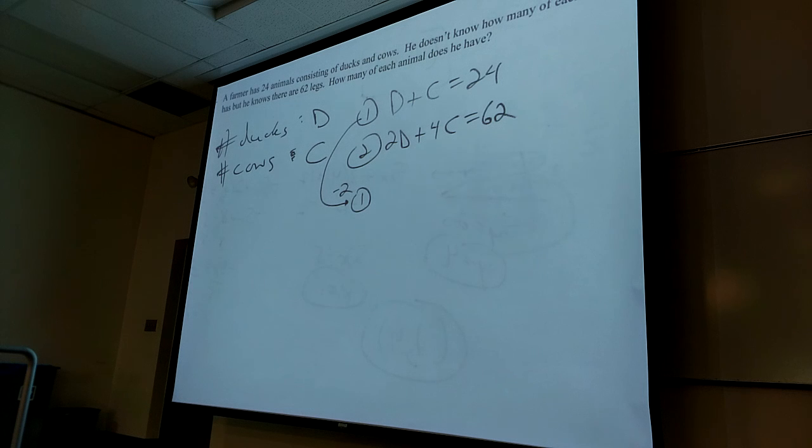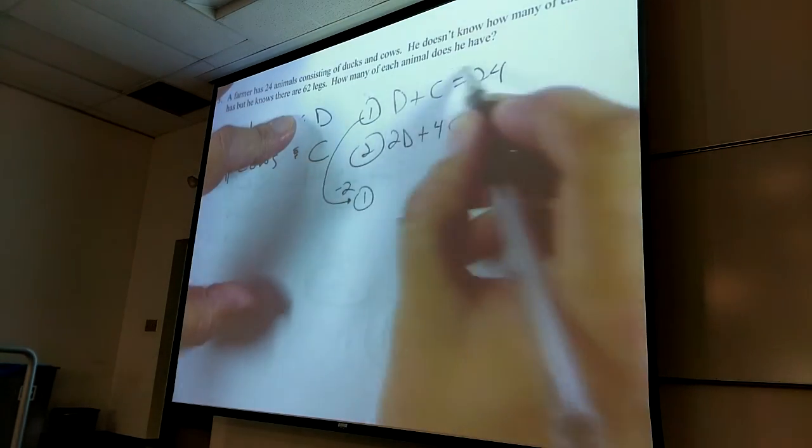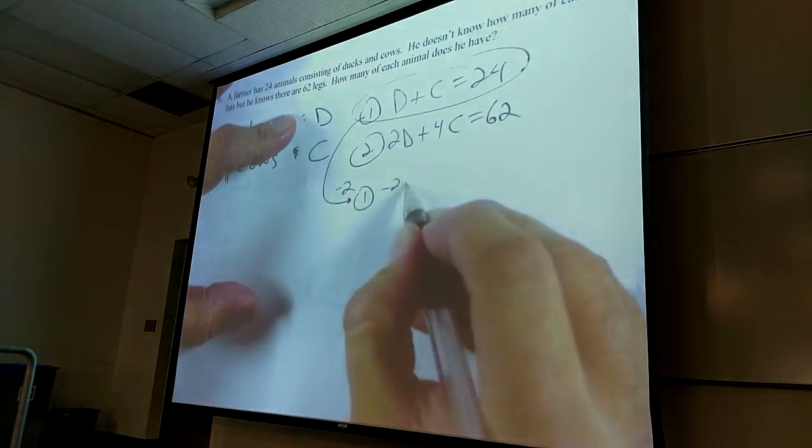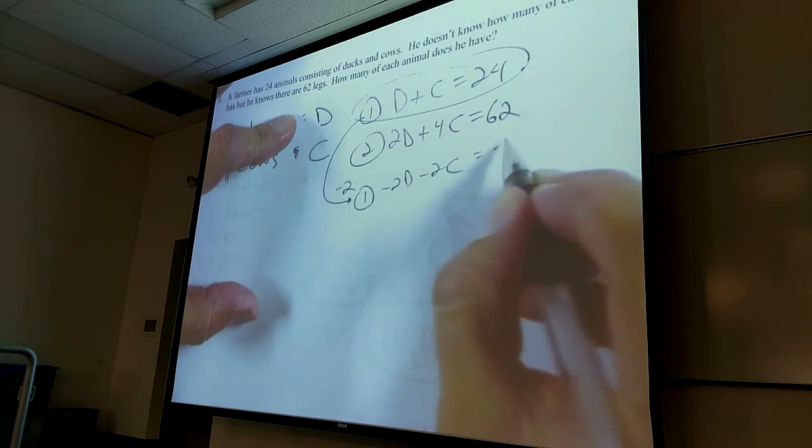The sentences go directly into equations. This is a very classic problem called a total problem. I know a total of something, so I have variable plus variable equals total. And then each thing contributes so many legs or whatever. So if I multiply this by negative 2, I get negative 2D minus 2C is negative 48.